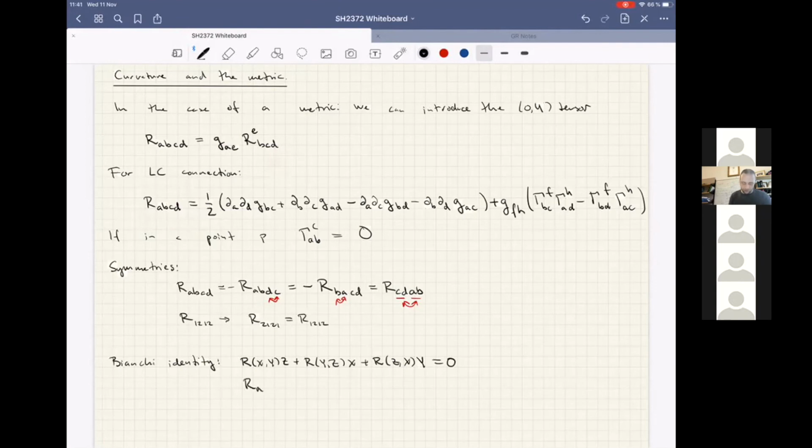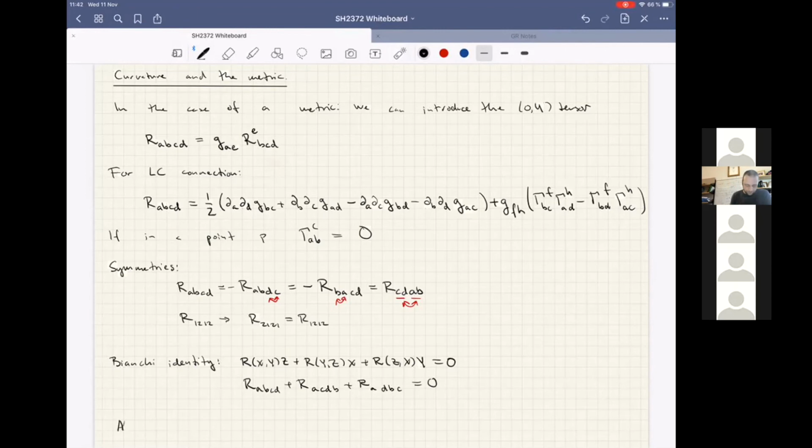So this is essentially going to tell us that R, A, B, C, D, and then the cyclic permutations of the three later indices, R, A, C, D, B, plus R, A, D, B, C equal to 0. So this again gives us some relations among the components of the curvature tensor.